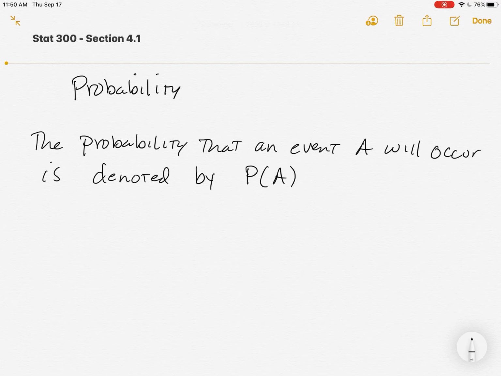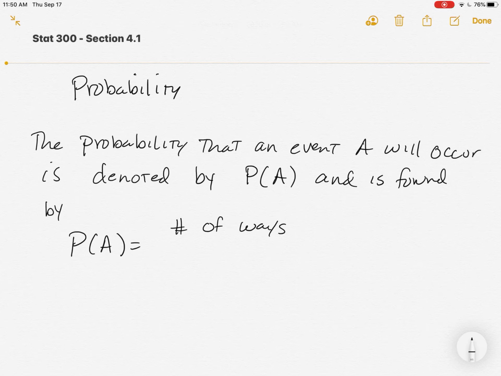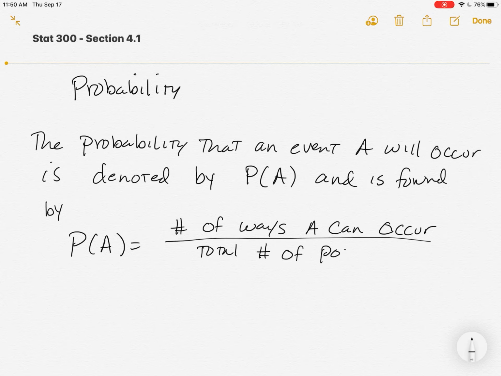Okay, so if you ever see a P in a parenthesis, it's not a times or anything, this is a probability of A. And it is found by the probability of A is simply the number of ways A can occur over the total number of possible outcomes. It's that easy.